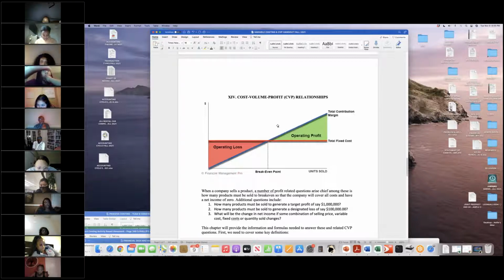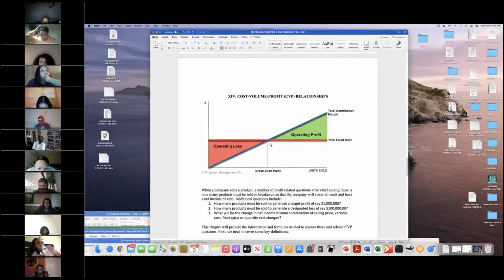So this chart just shows us how we relate the cost that we have with the volume that we're selling, so that we will, in general, break even. We will probably be focusing on this break even a lot, but then we have the operating loss and the profit.